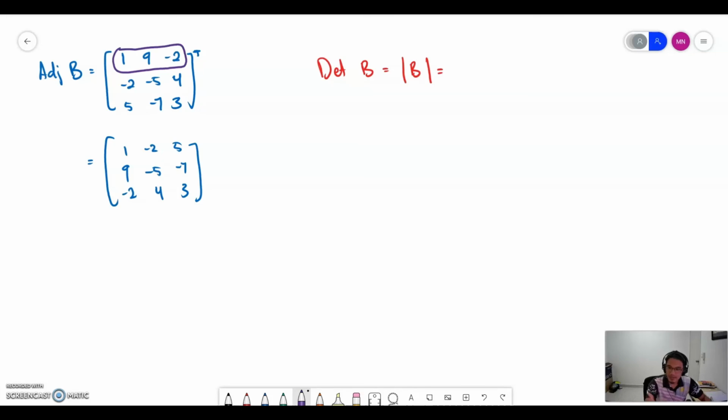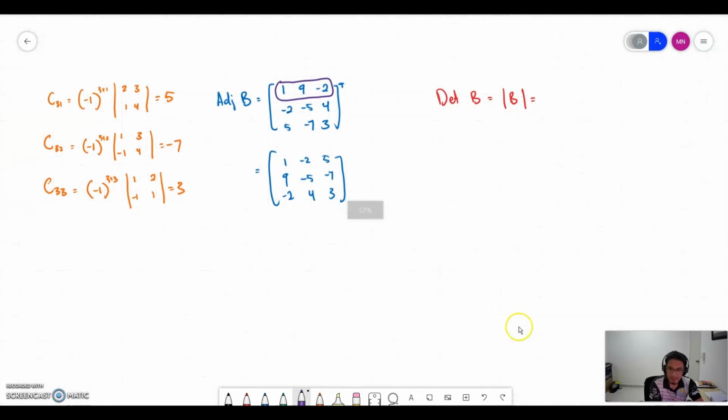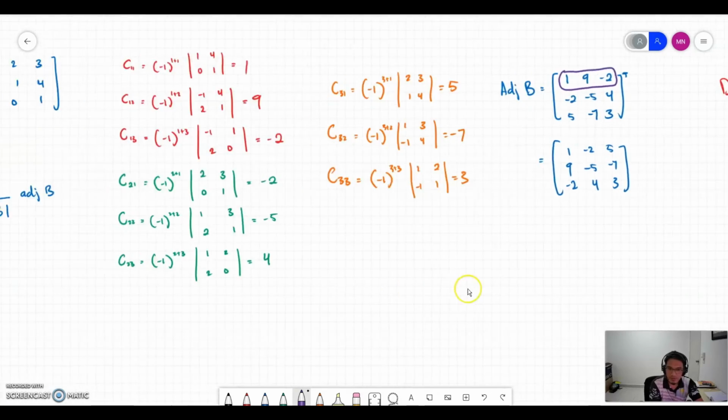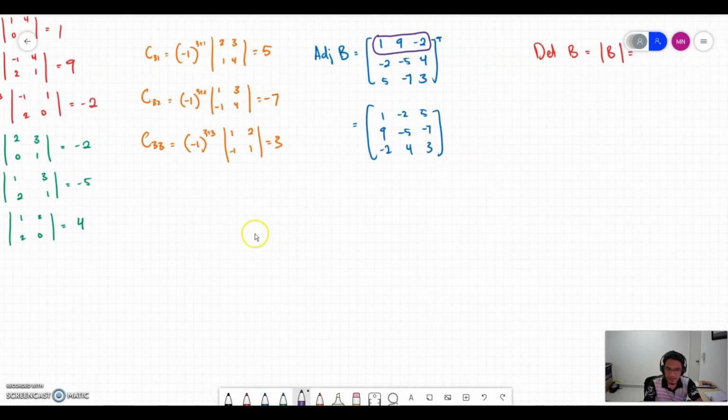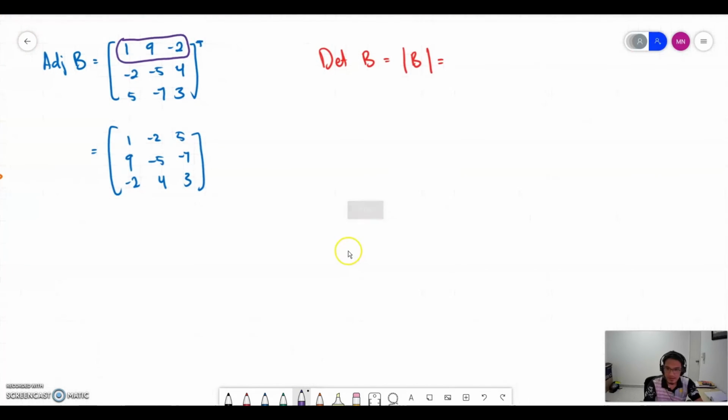You could just take that value of cofactor and multiply with the first row from the matrix B. Take here. So this is matrix B.